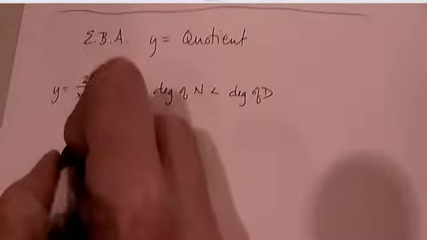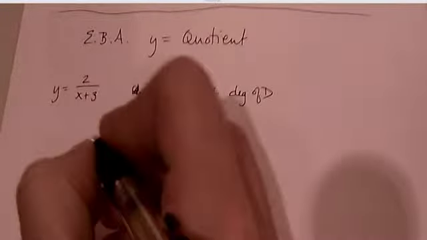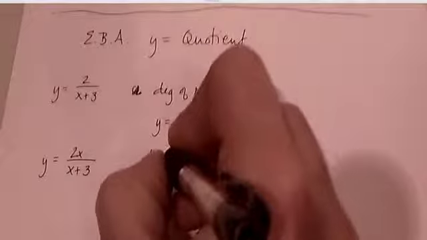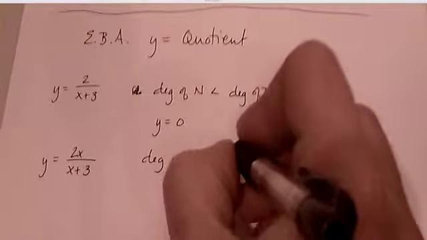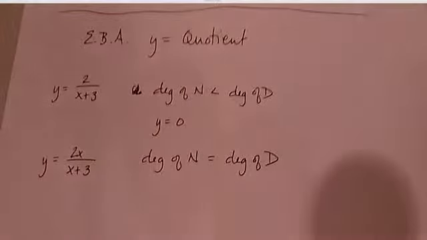Now the second one was y is equal to 2x over x plus 3. Well, in this particular scenario, the degree of the numerator is equal to the degree of the denominator. And when that's the case, you also do not have to take the quotient to know the quotient.